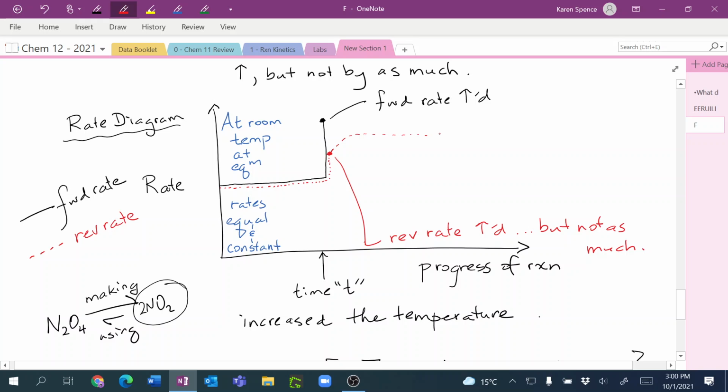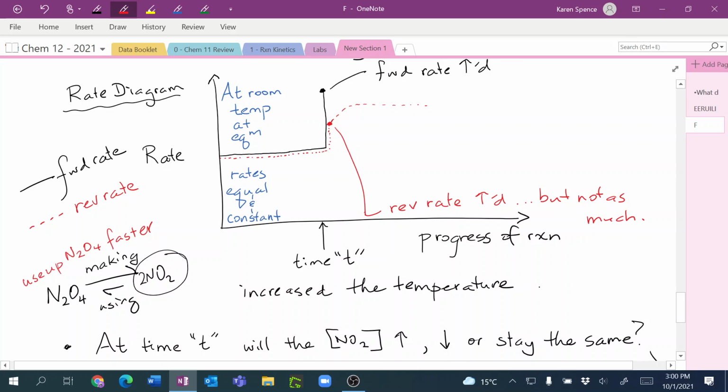And as we use up N2O4 faster than we make N2O4, yes?